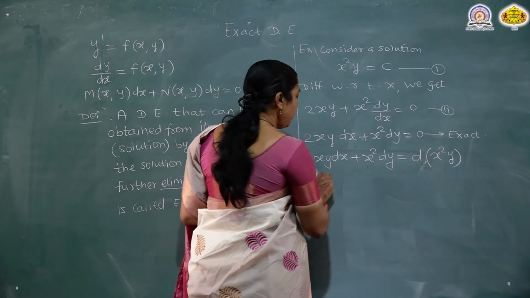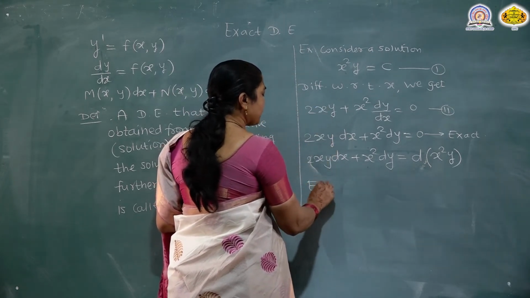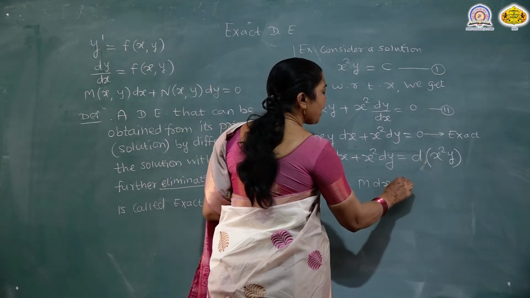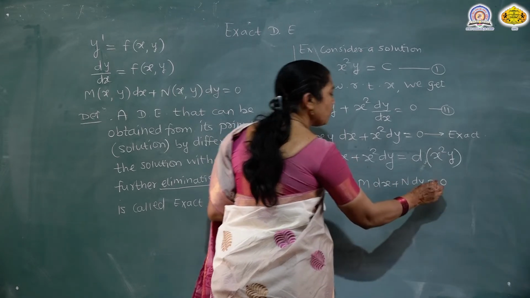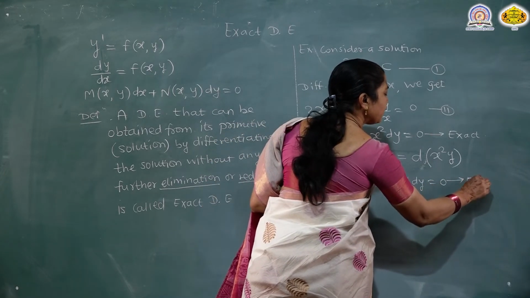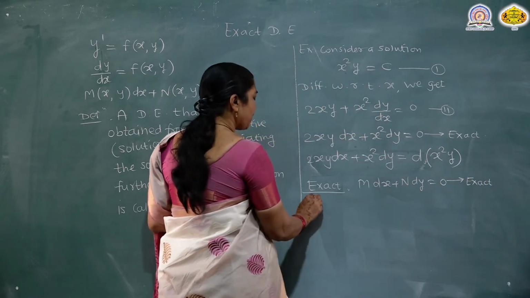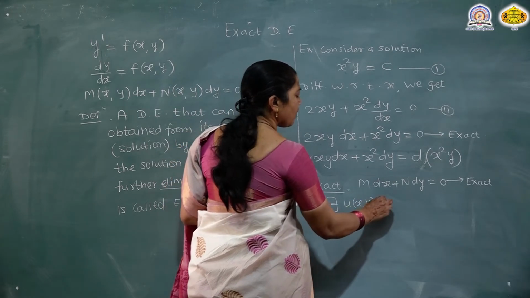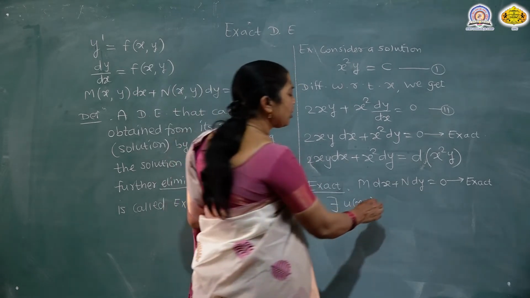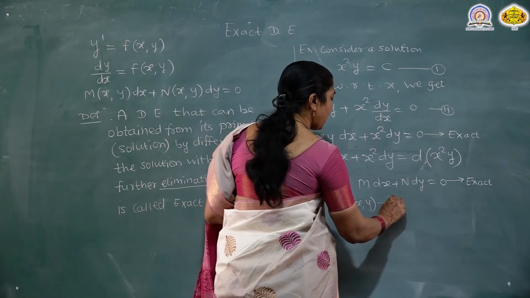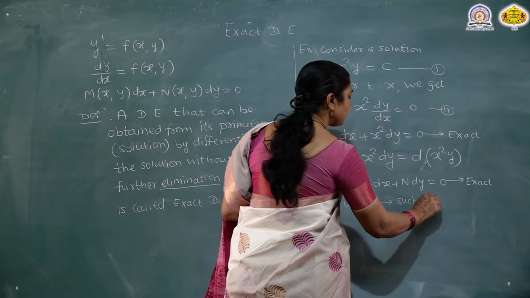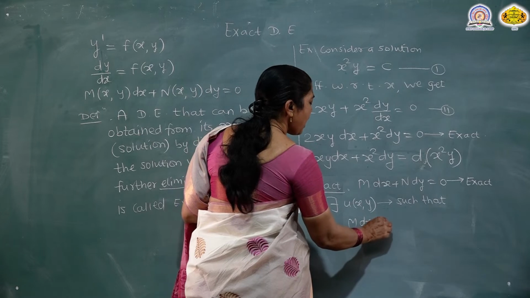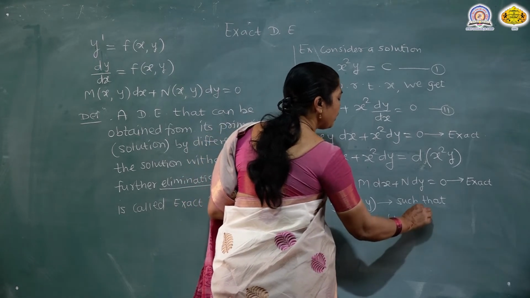So, any differential equation M dx plus N dy equal to 0 is said to be exact if there exists a function u of x y having continuous second order partial derivatives such that M dx plus N dy is equal to du.